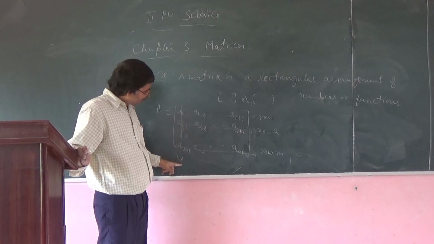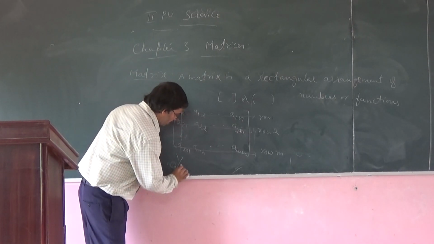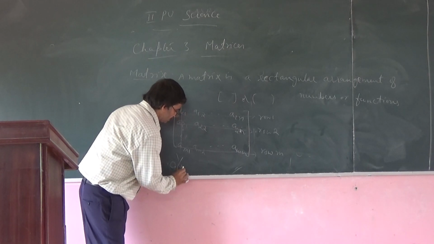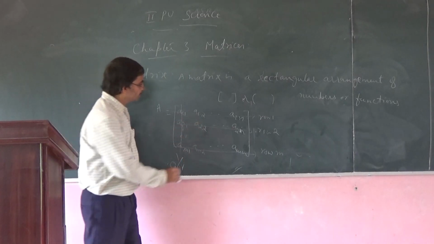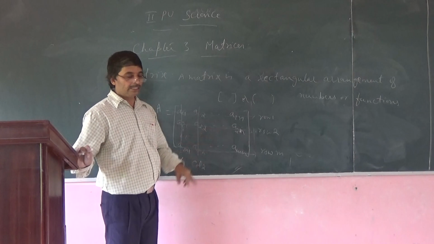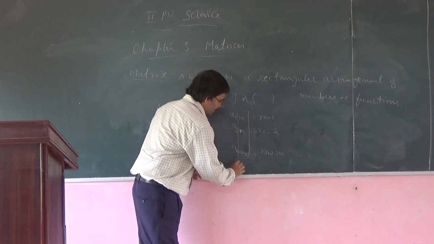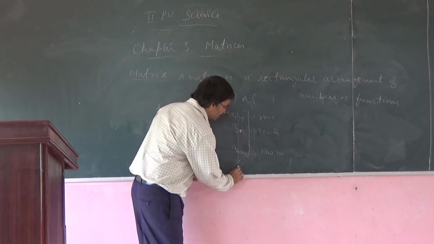These vertical lines form what are called columns. This is column 1, this is column 2, and so on. Here there are n columns. This is the last one, column n.